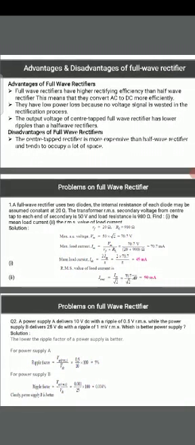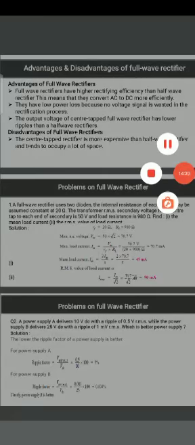In case of bridge type full wave rectifiers, we use 4 diodes, load resistance and transformer also. In full wave rectifiers, 2 diodes act in forward bias condition and the remaining 2 diodes are in reverse bias condition during the positive half cycle.